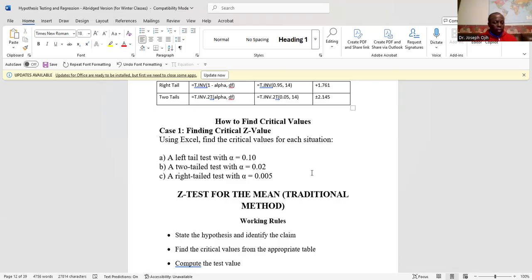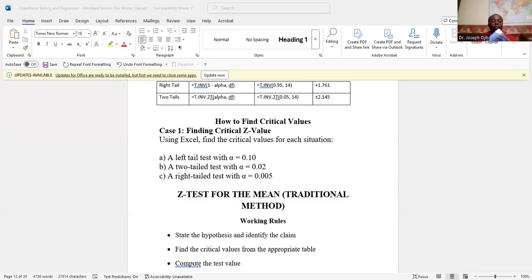I'm going to write the critical values. A, a left tail test with alpha equals 0.10. B, a two-tailed test with alpha equals 0.02.